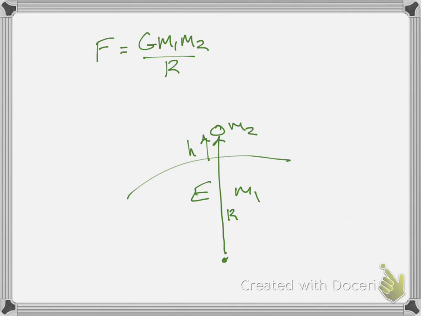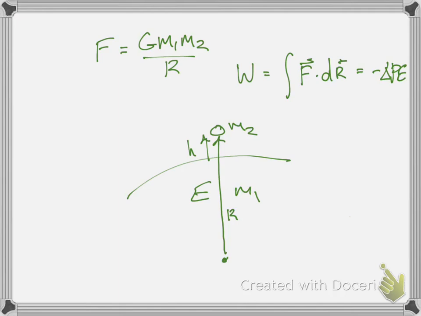If we wanted to define the potential energy of the m1 m2 pair, remember potential energy is defined from the work. The work is equal to the integral of F dot dr, which equals minus the change in potential energy.